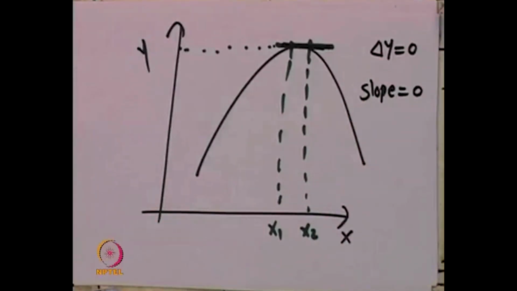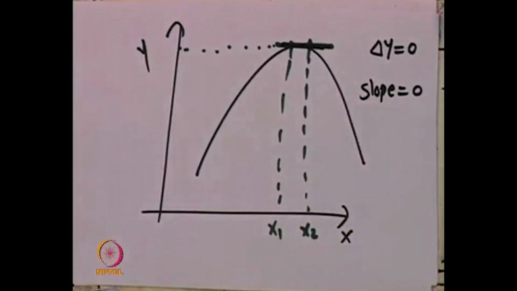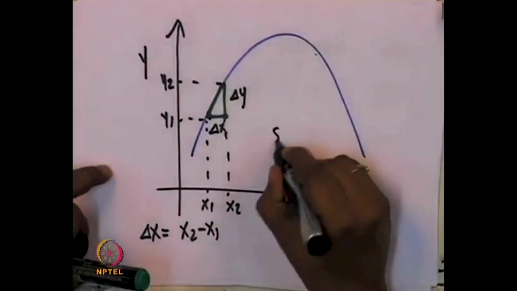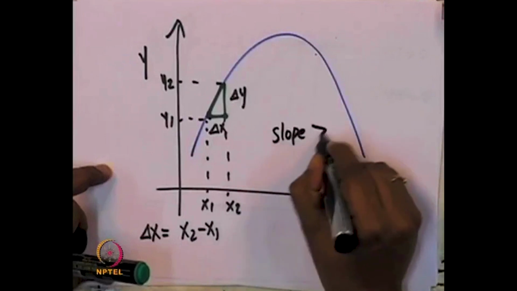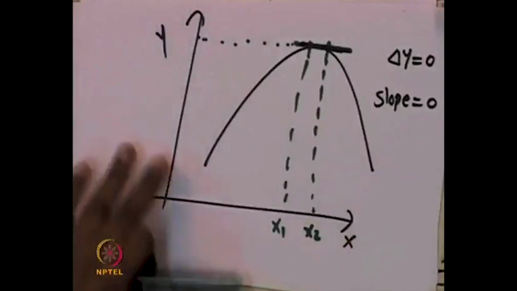So, it turns out that whenever you have a curve, at the maximum value of the curve, the slope is 0. In the first case you had a positive slope, greater than 0. Here you have a slope equal to 0.